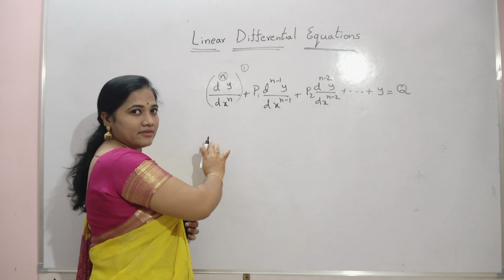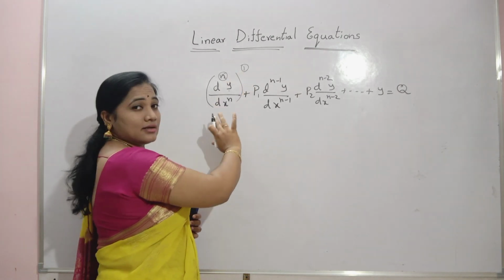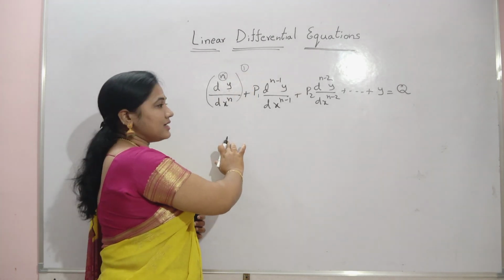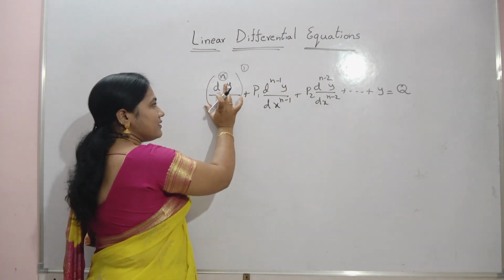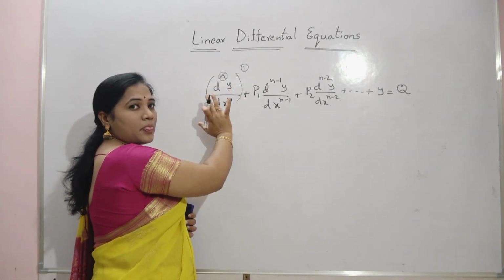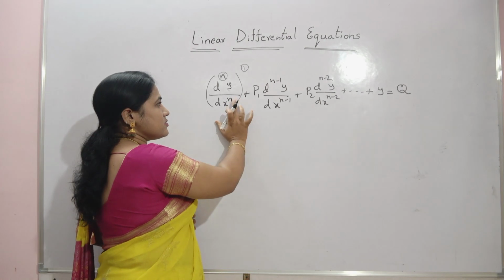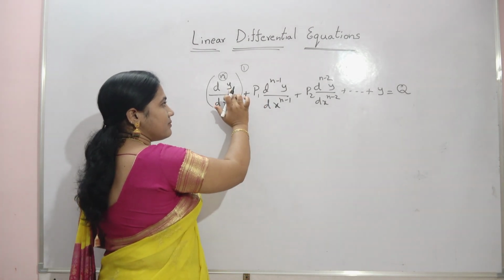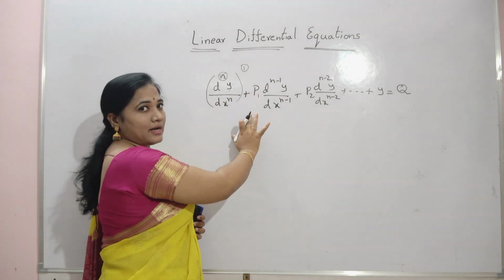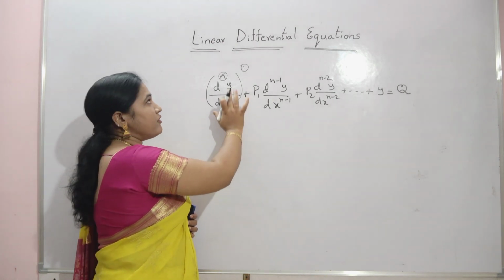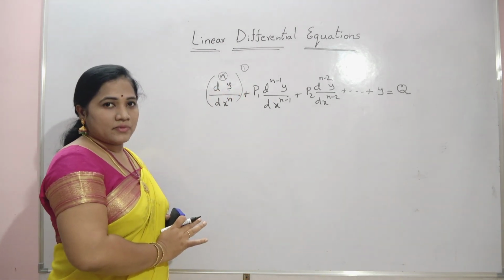So generally the linear differential equations occur only in the first degree, and the dependent variable and its derivatives are not multiplied together. So this is the form of a linear differential equation.